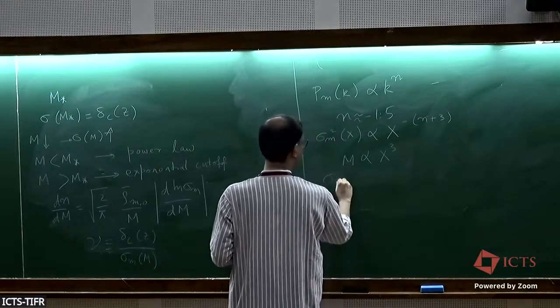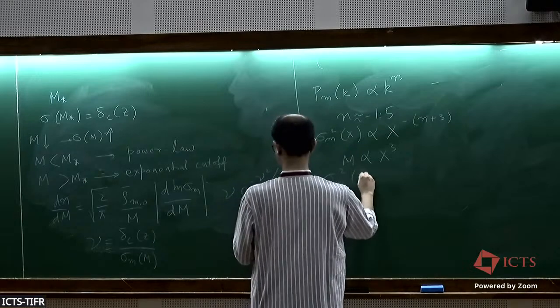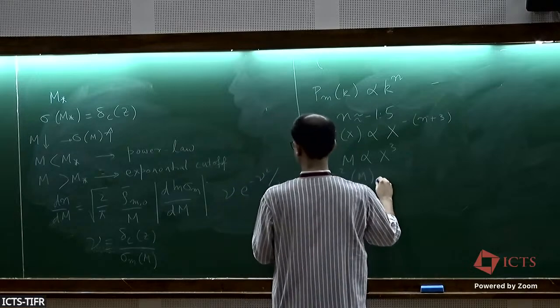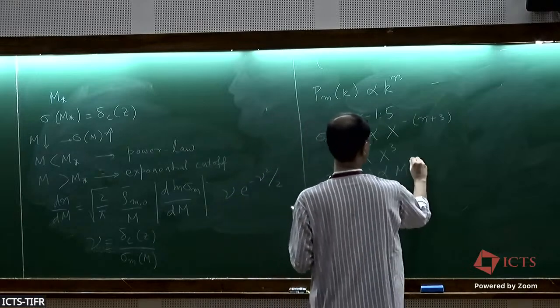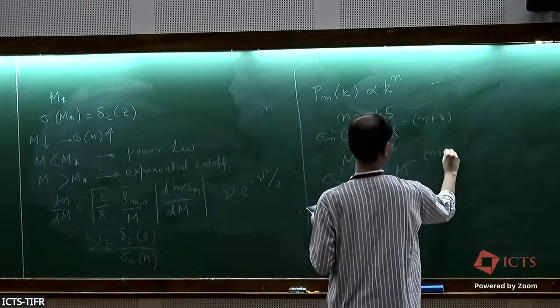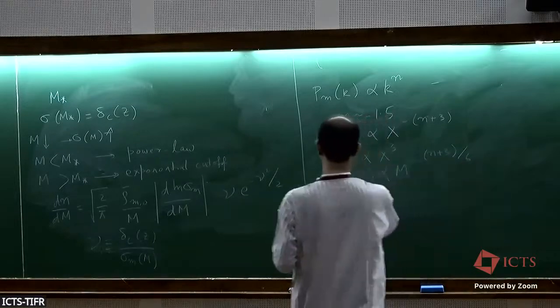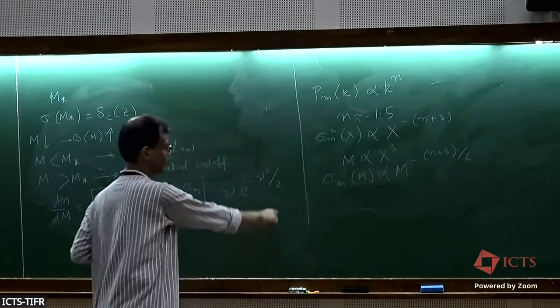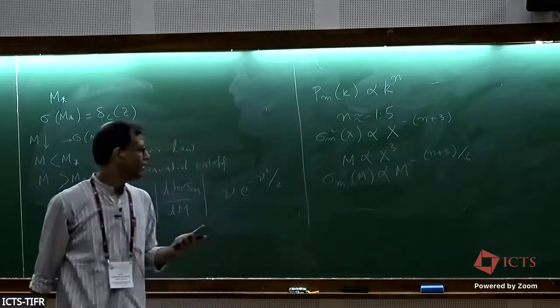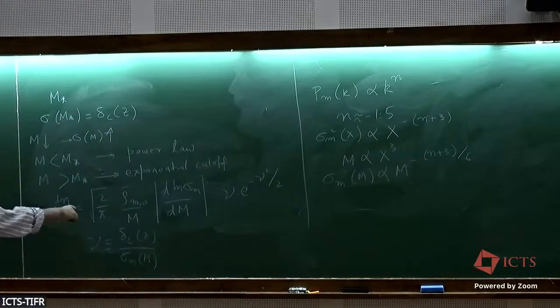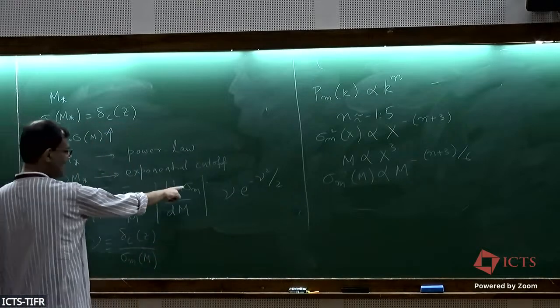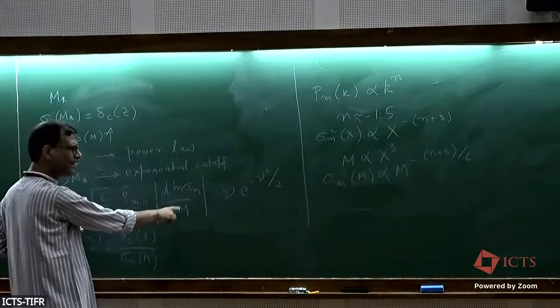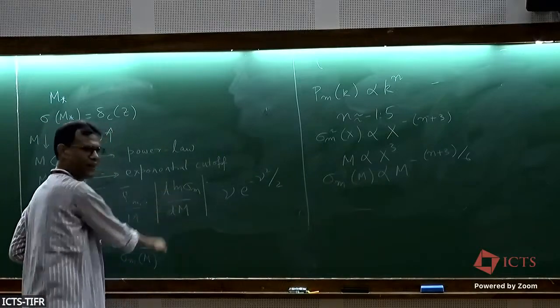So sigma m square will go as m to the minus n plus 3, so sigma m goes as m to the power minus n plus 3 by 6. Now d ln sigma by dm will just give you 1 by m because we have taken a log here.